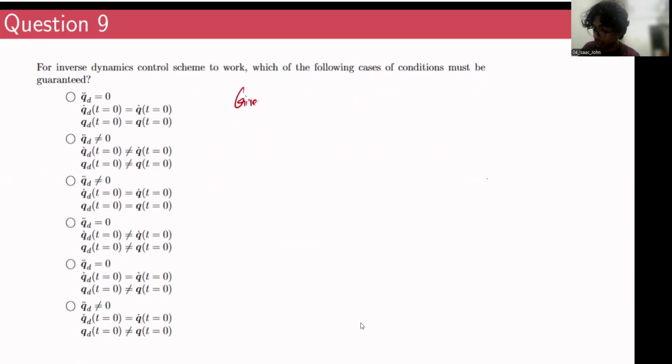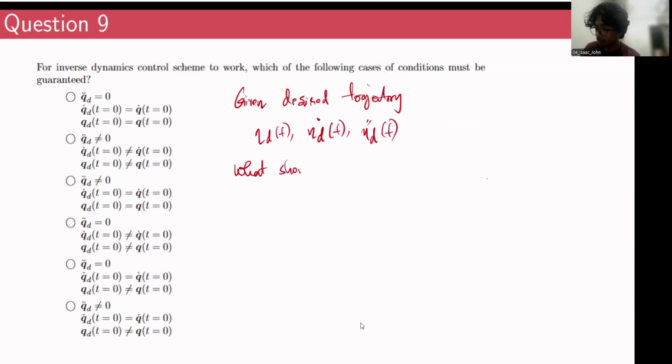Given a desired trajectory, eta desired of t, eta desired dot of t, and eta desired double dot of t, what should be the open loop control input tau, because this inverse dynamics control scheme is an open loop control scheme?